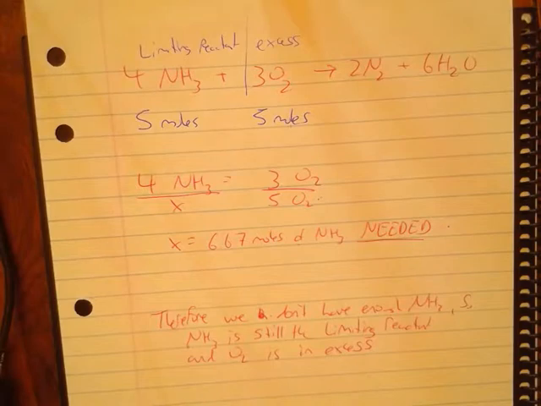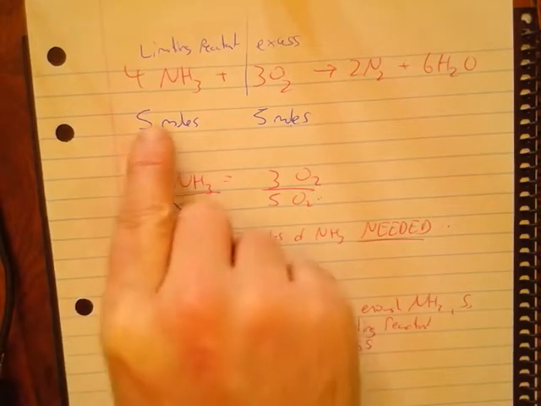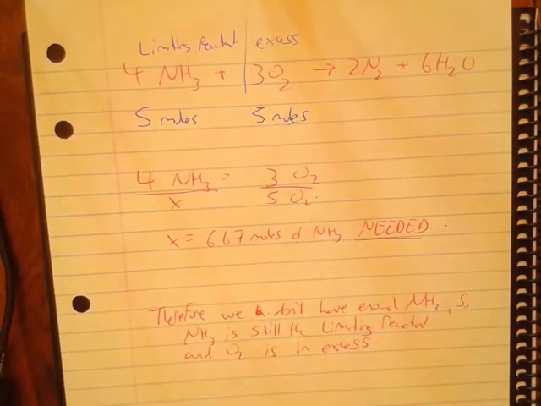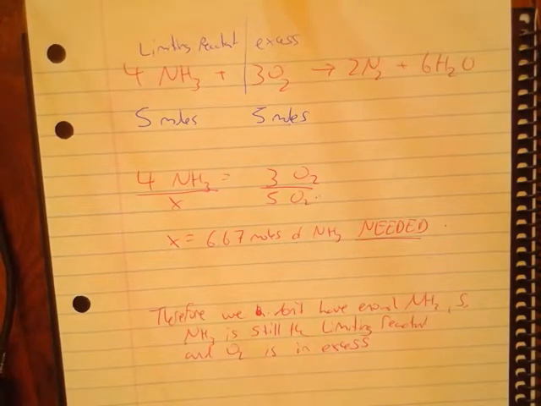So if you're given grams of your reactants, you must change them both to moles and then do everything I just did here. So the only extra step in doing a limiting reactant problem when they're both grams instead of moles is change them to moles. After that, you just pick one as a guess, figure out if your guess is right, and then you're done. So let's now finish the problem.